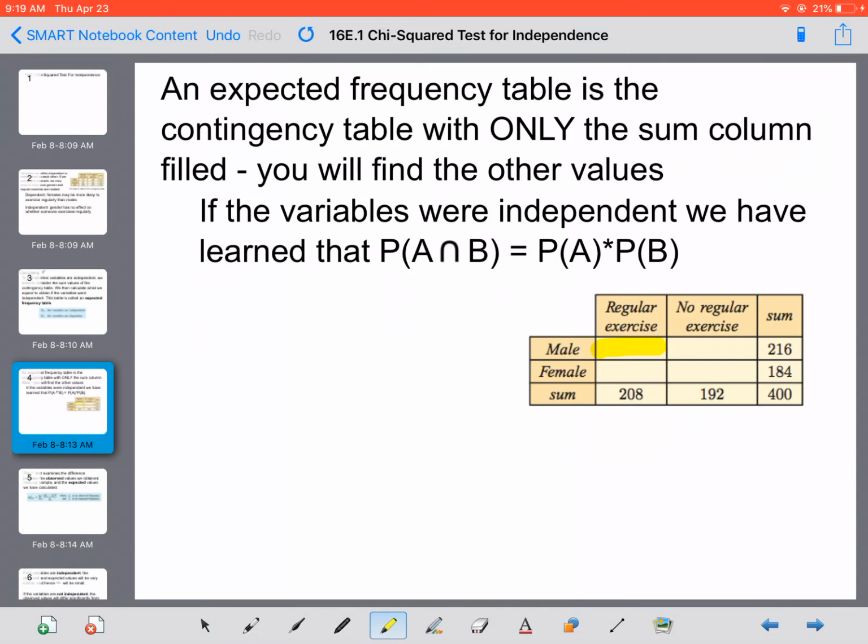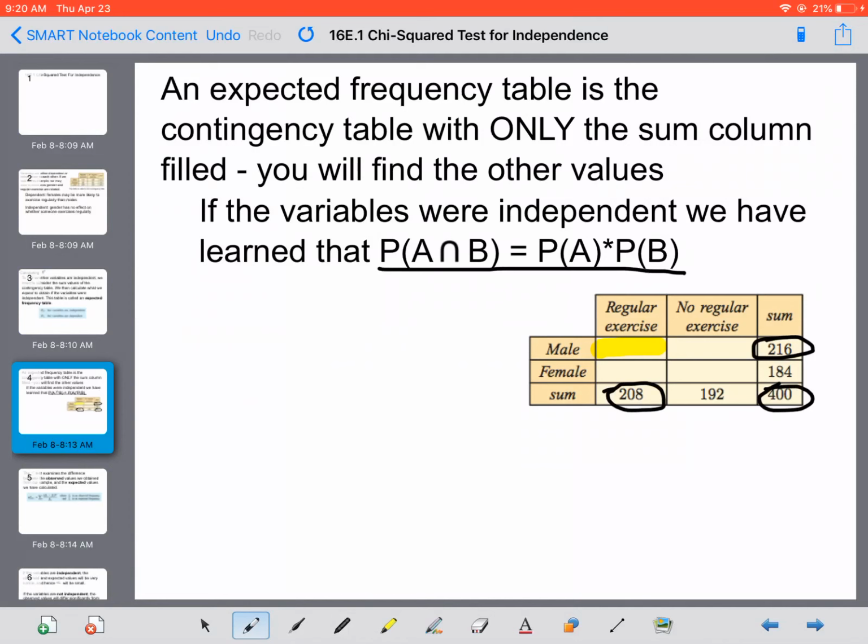Because we learned that if variables are independent, the probability of A intersect B is the probability of A times the probability of B. So to find that, you're going to take the probability of a male, which is 216, times the probability of exercising, and then we need to find the probability of that, so that's why we are dividing it by 400.